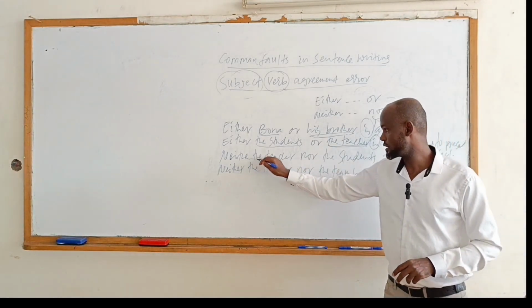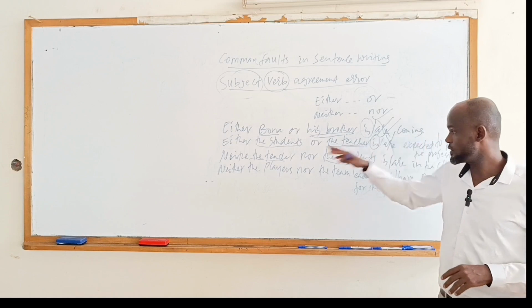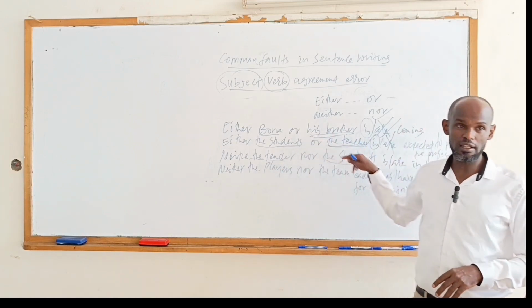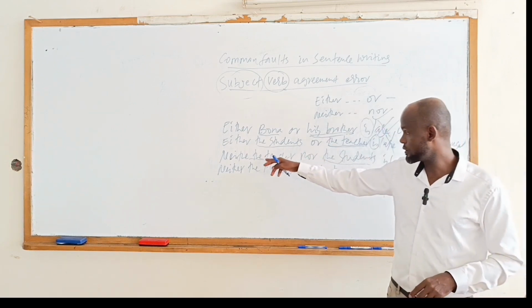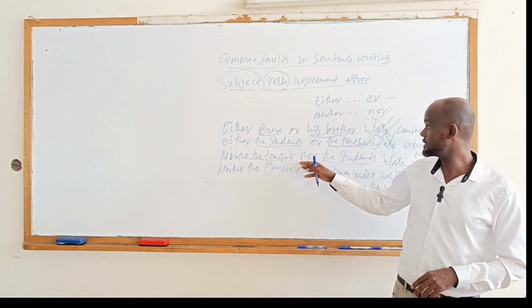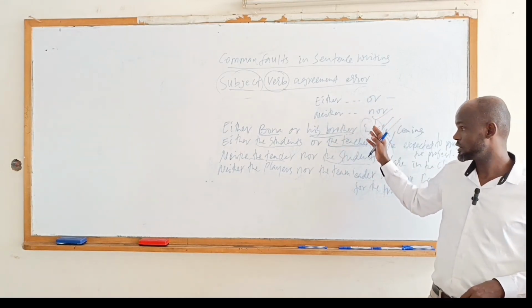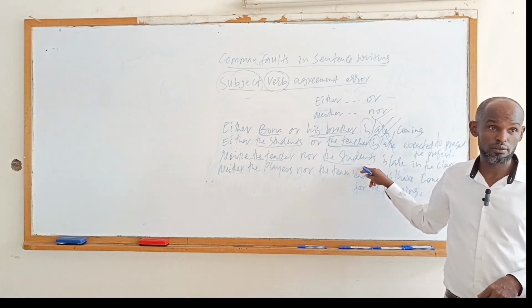Now the teacher is a subject, the students is a subject. When you have two subjects in your sentence, one plural and the other singular, and you are expected to combine the two subjects with the help of either...or or neither...nor, you have to state the plural one nearer to the verb.